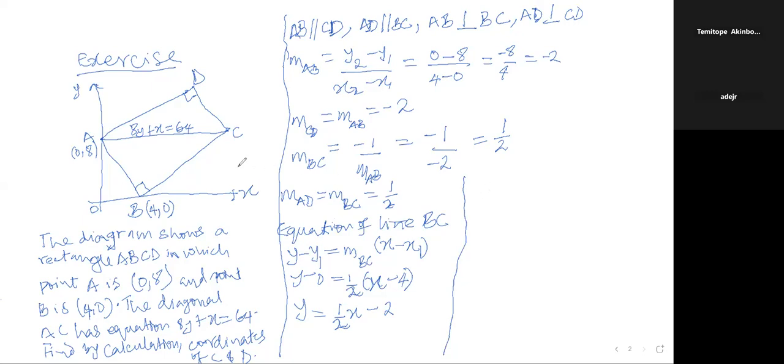Okay. Now, you will see that point C is common to line AC and line BC. I don't know why this thing is skipping.